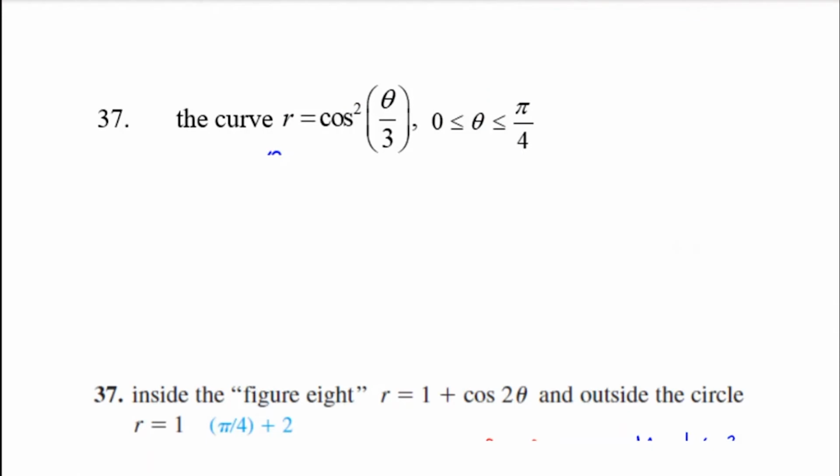37 requires a picture, so I'm going to put the picture. Let's see if it's the one. That's the one. So let me make a copy of that picture.